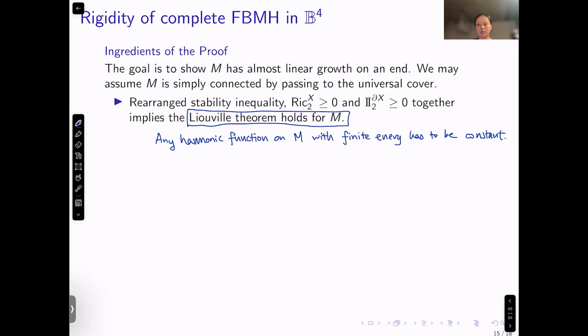So this essentially comes from the second variation, but I think I'm a little bit out of time, so let me not write this down. So with this condition, either M has finite volume, or it has to have this Liouville theorem property. And the finite volume case is also the case we don't have to worry about. So we just look at the case where the Liouville theorem is true.